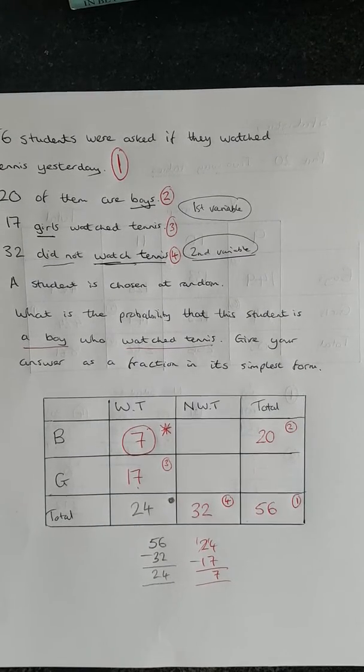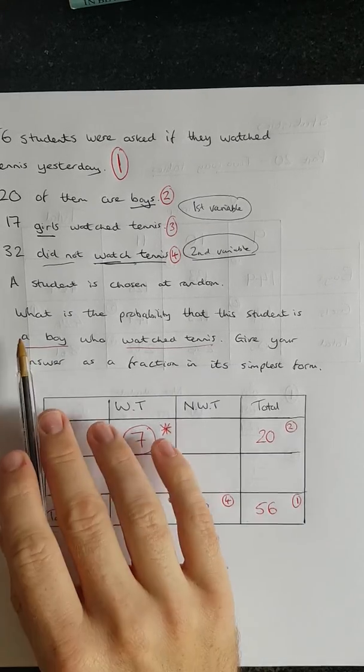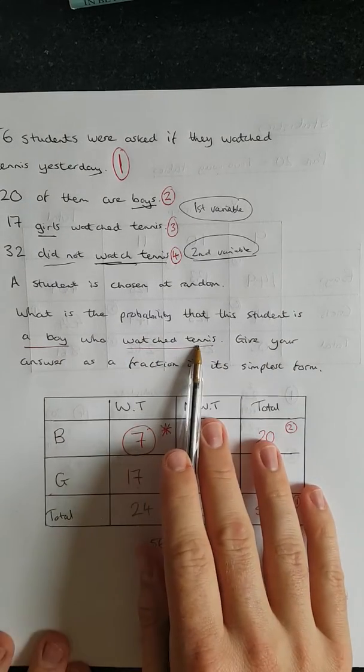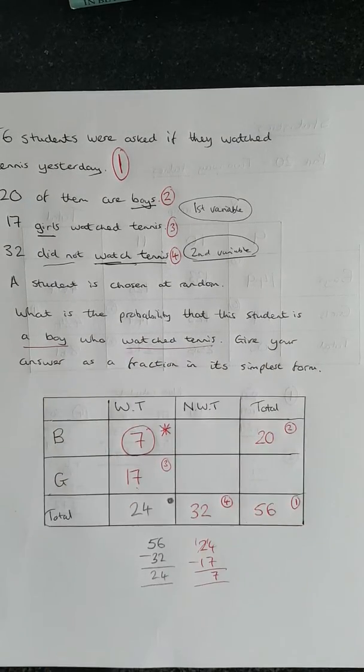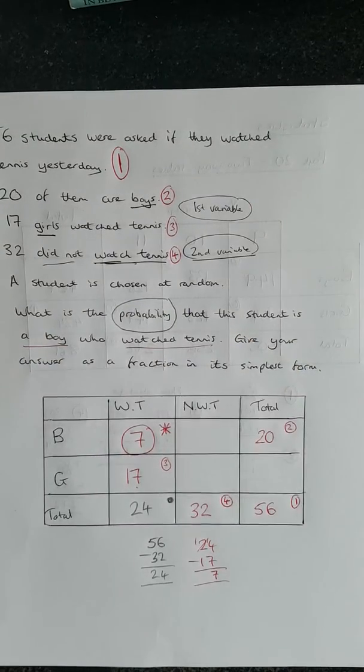Read the question and check whether we have done it properly. What is the probability that the student is a boy who watched tennis? Okay. Have we given a probability? I'm afraid we haven't.